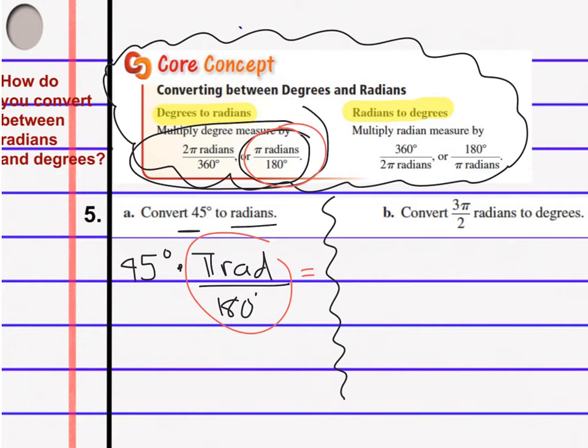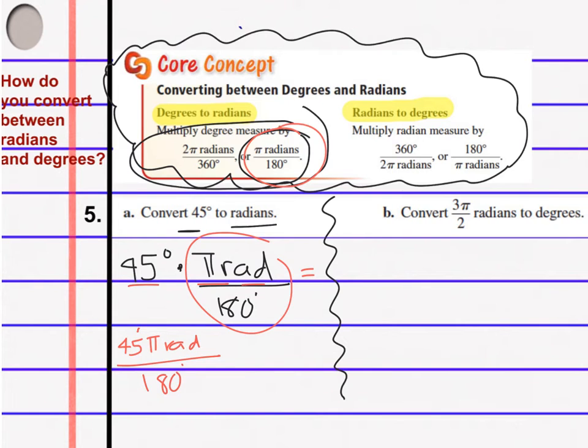So when I multiply that, I get 45 pi radians. I multiply, I get it all. On the bottom, I have 180 degrees.